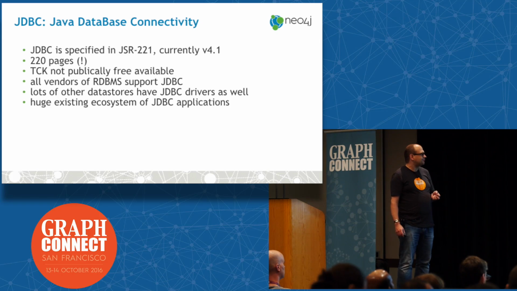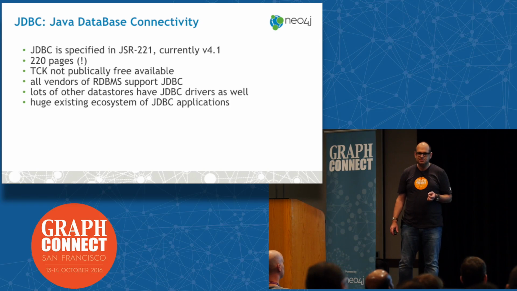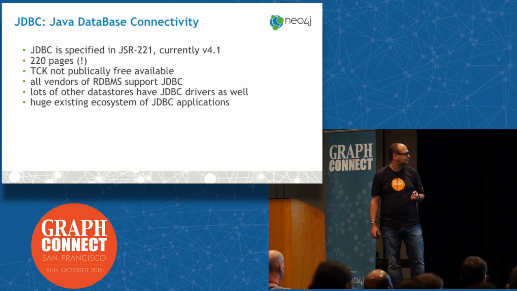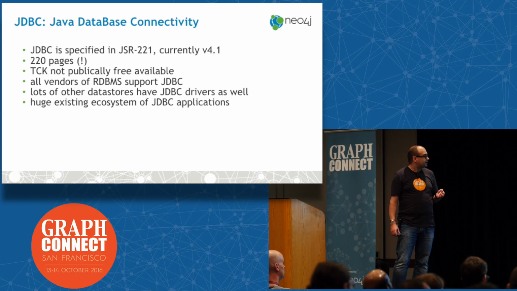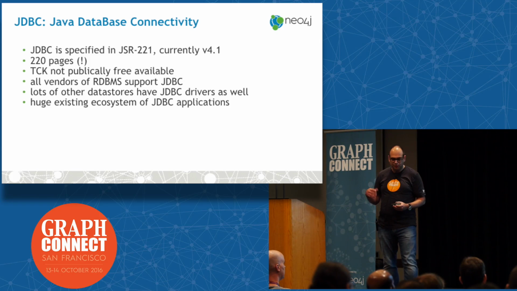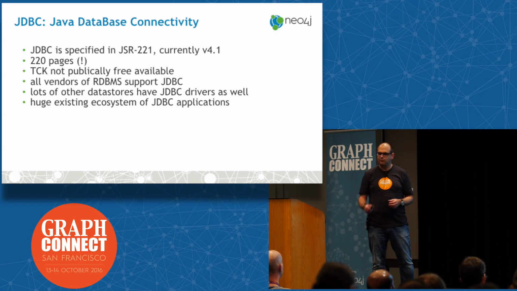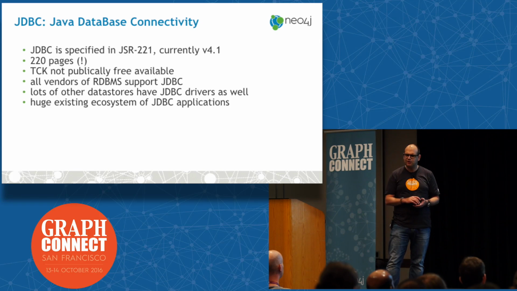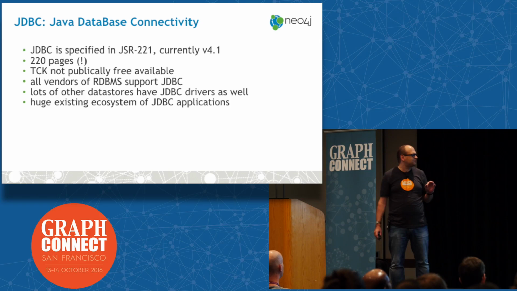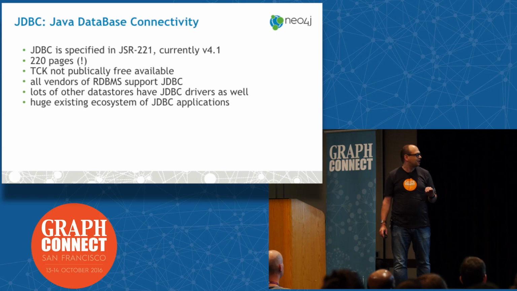Almost all vendors of relational databases support a JDBC driver somehow. And interestingly, a lot of non-relational data stores feature JDBC these days. So I learned that Elastic has a JDBC driver, and there is something for Hive. So JDBC seems to be an interesting technology for accessing data.